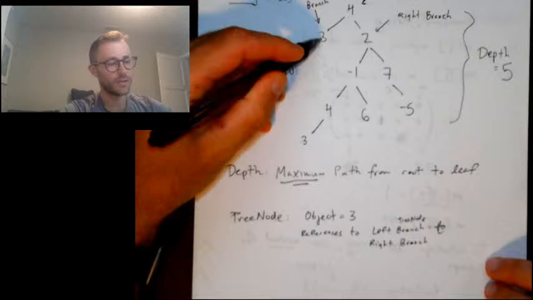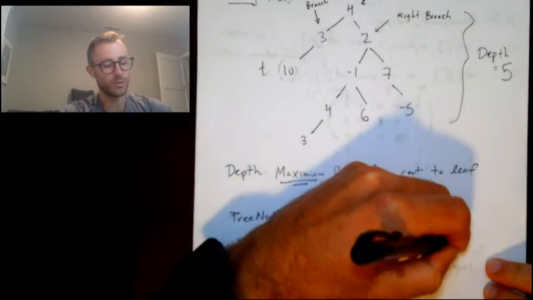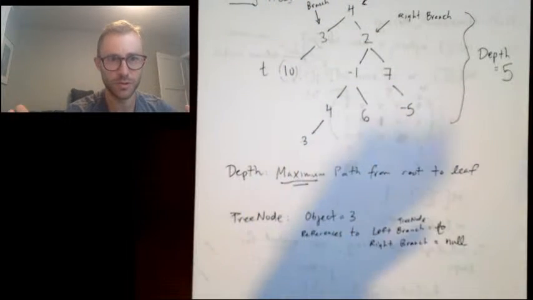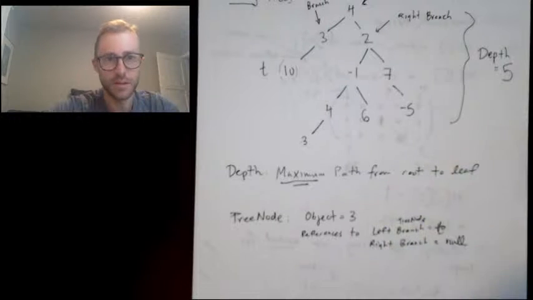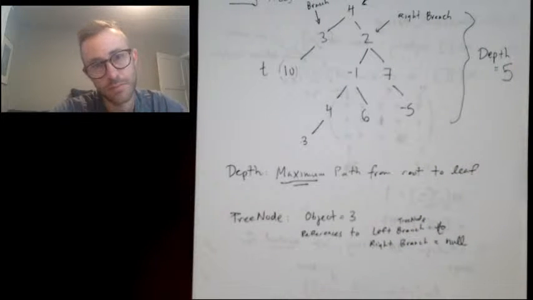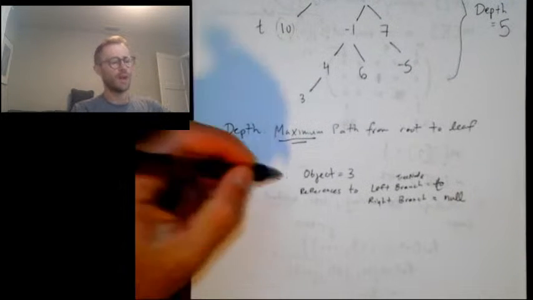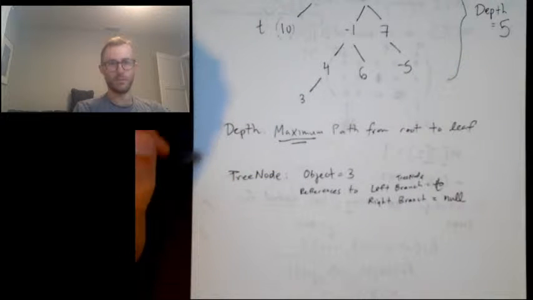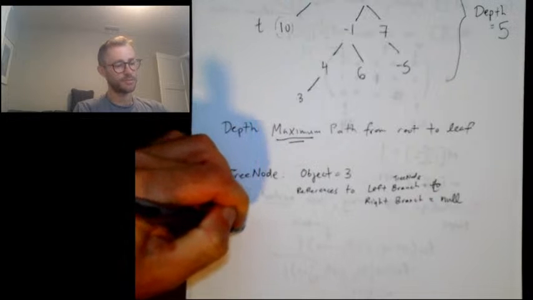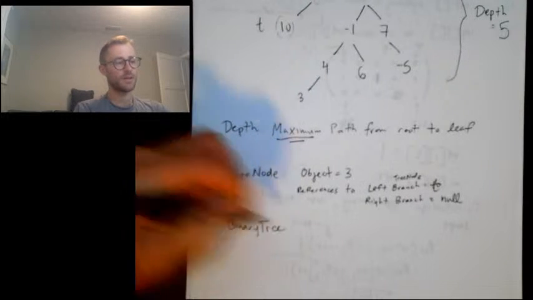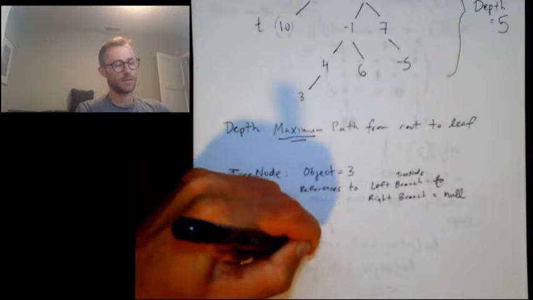And then because this has no right branch, what you want to do is set the right branch equal to null. So null means that there's just nothing there. Okay, it's a valid protected name in Java. So you would just say null, lowercase n-u-l-l. Okay, so you have a tree node. And then really your binary tree class is going to contain a tree node, which is the root.